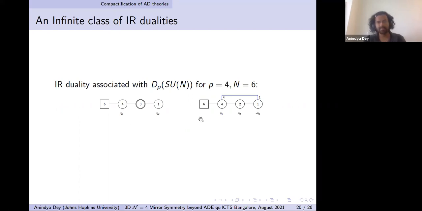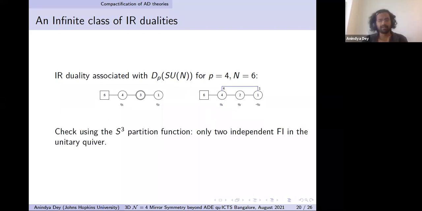So the claim is that these are IR dual to each other, provided the FI parameters are adjusted in a certain way, which is indicated in the diagram. Now, this can be explicitly checked again using the S3 partition function, that the partition functions agree, provided you relate the FI parameters of these two nodes in this specific way.